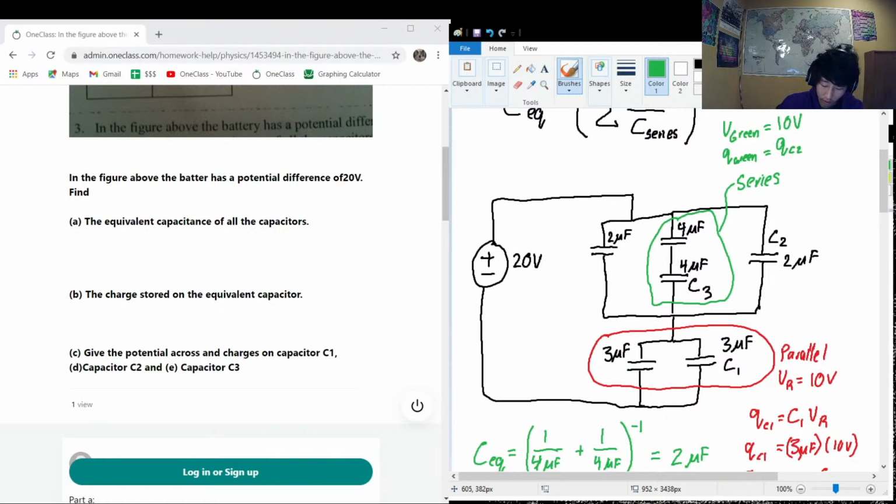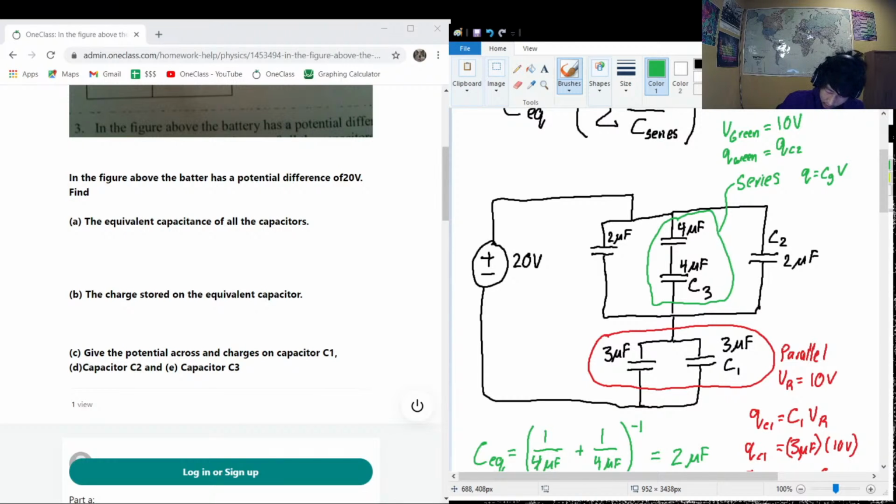Yeah, so we know that the equivalent capacitance of C green is going to be 2. So to find the charge, we've got to do Q equals C green, I'll just say CG, times V, which is 10 volts.